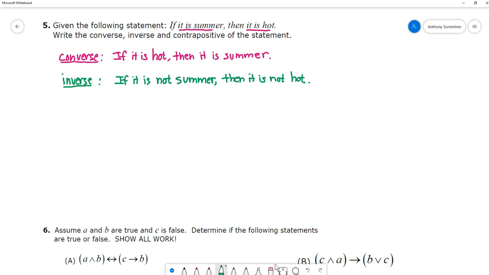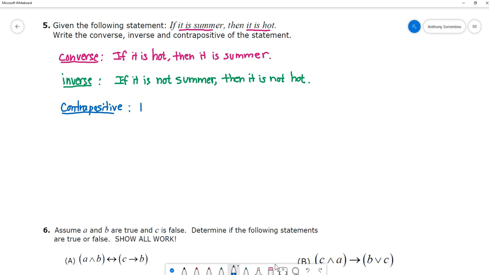The last one we talk about is the contrapositive. It's like combining the converse and inverse together. You can look at it as negating the converse, or as doing a converse of the inverse, switching the if and then portions of the inverse, whichever way you want to look at it.